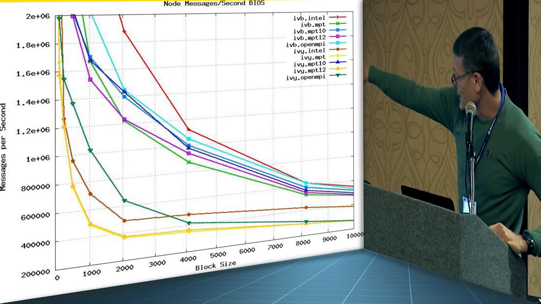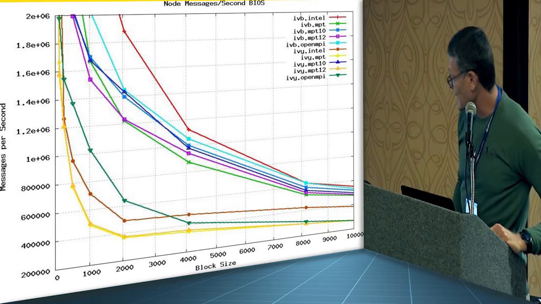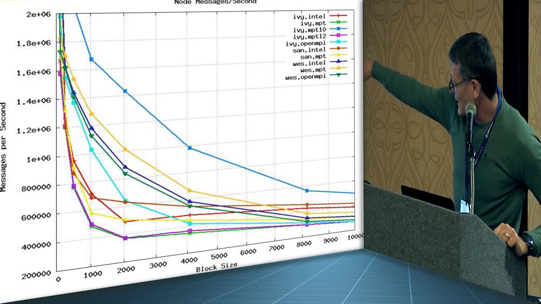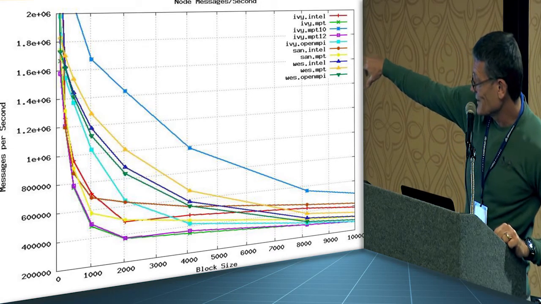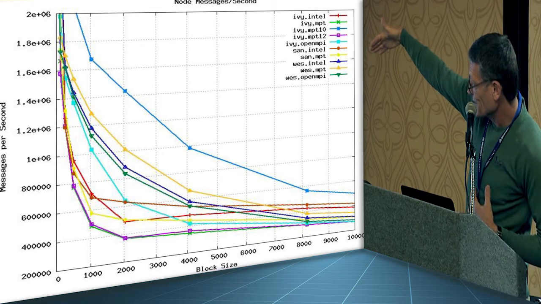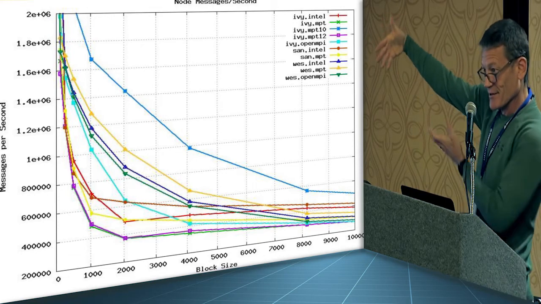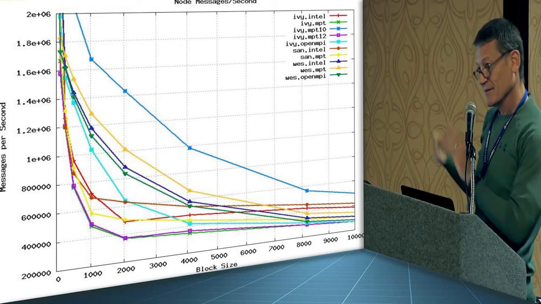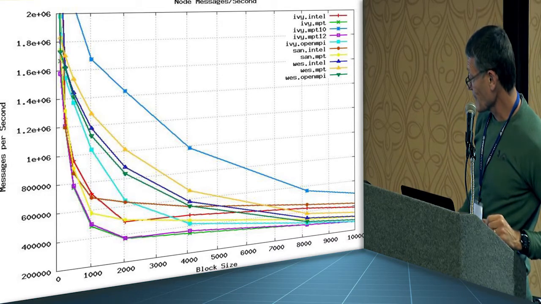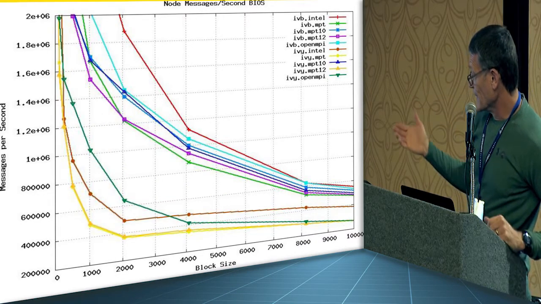What I didn't explain was that these were the different MPIs. This is Intel MPI, SGI's MPT, and Open MPI compared on Ivy Bridge, Sandy Bridge, and Westmere. These are the different rates you get on those different MPIs and platforms.